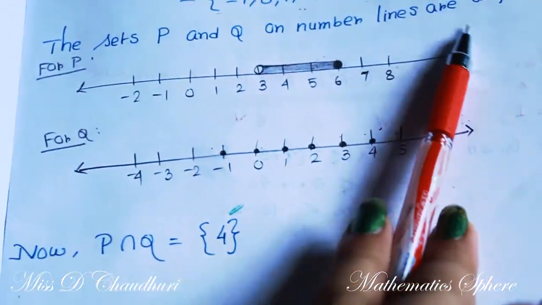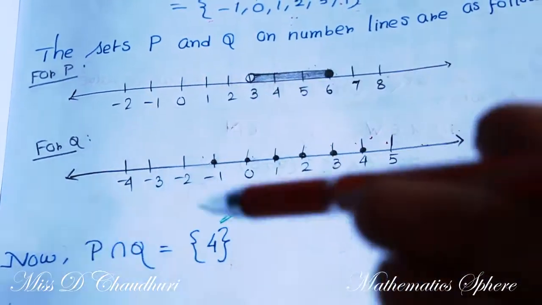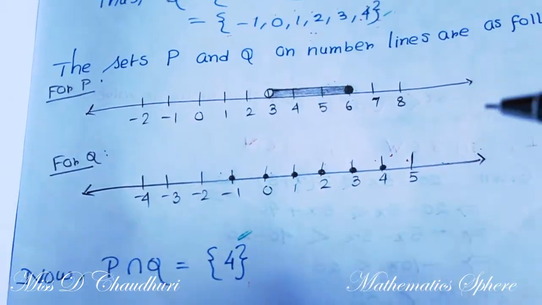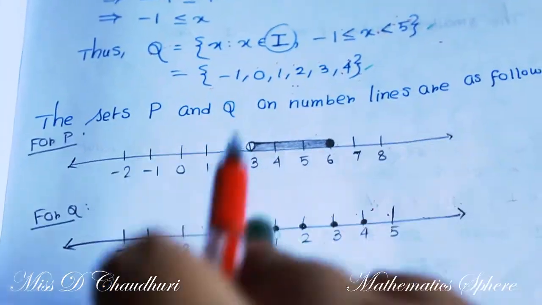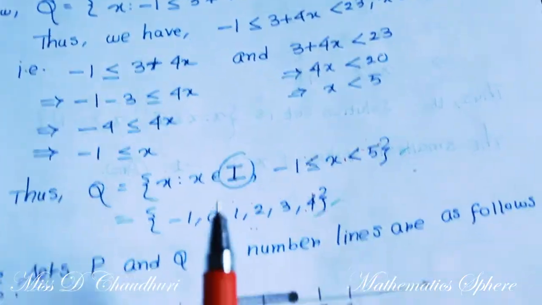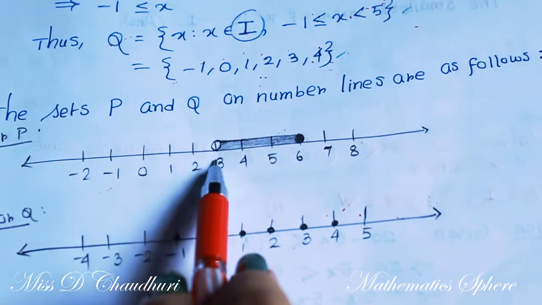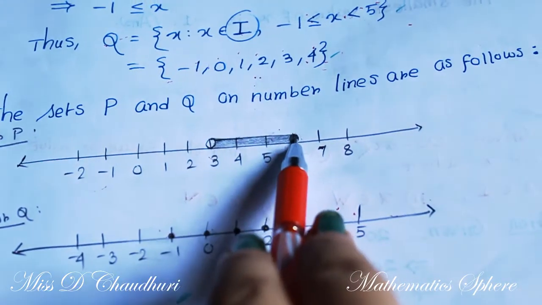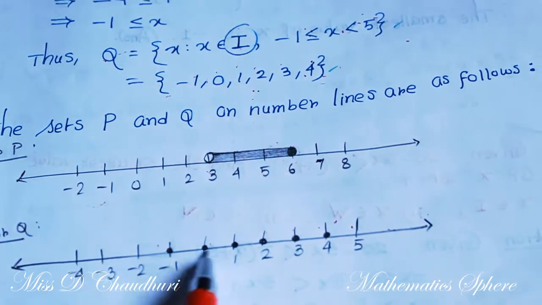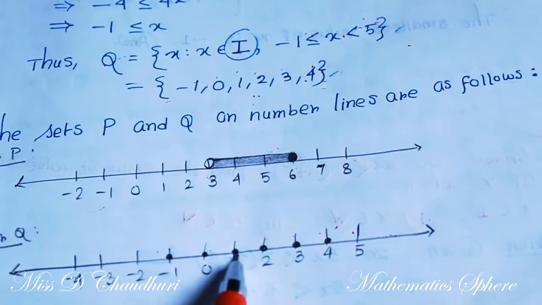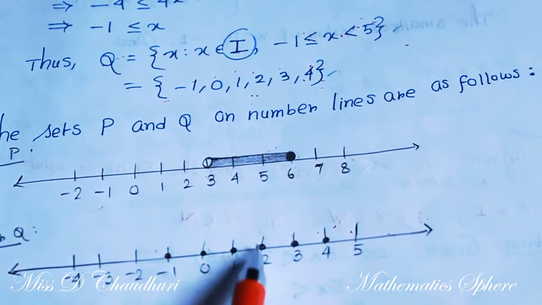Now what they have told is that we will have to find the intersection of P and Q. Intersection of P and Q means the common elements of P and Q. Now you will have to observe this properly. See, in P, if you see the number line also, P is in between 3 and 6, all the numbers, okay. Whereas Q has the elements minus 1, 0, 1, 2, 3.